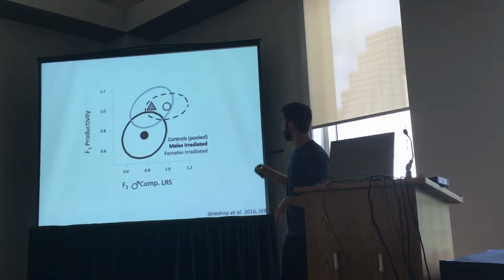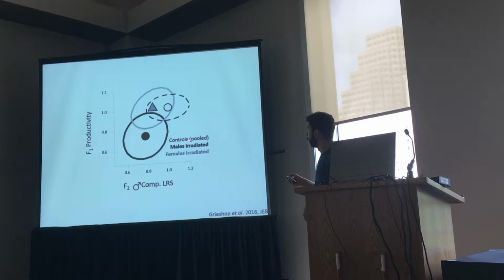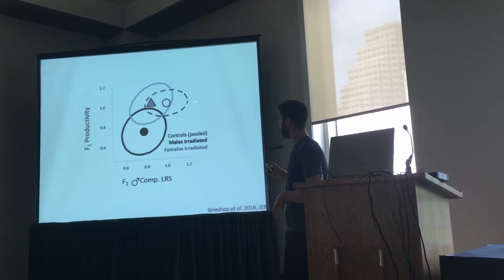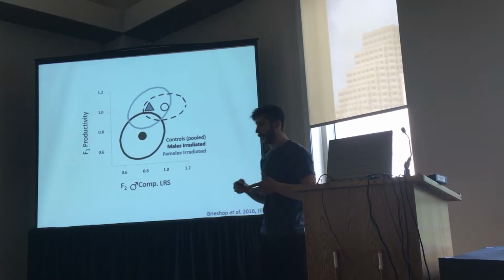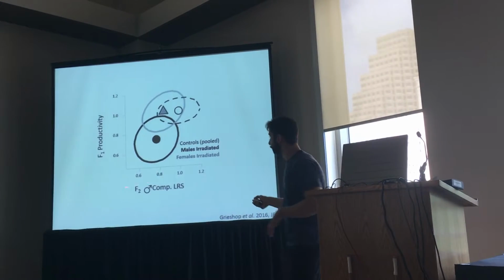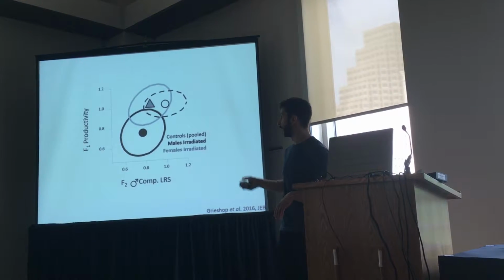These 2 ellipses here, this gray and this black one, are positive correlations. Whereas in the controls, this is just a flat relationship, so there's no relationship based on the standing genetic variation between male competitive lifetime reproductive success and population productivity.